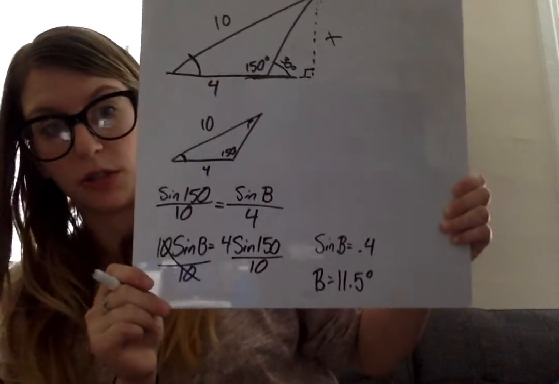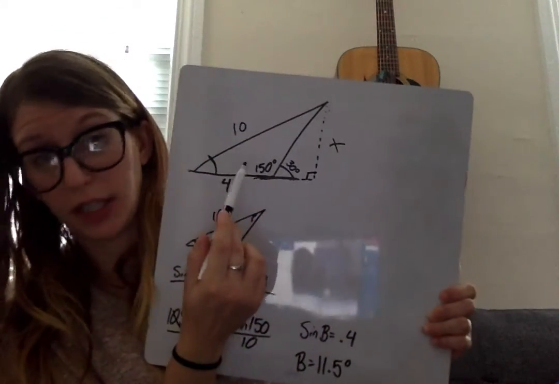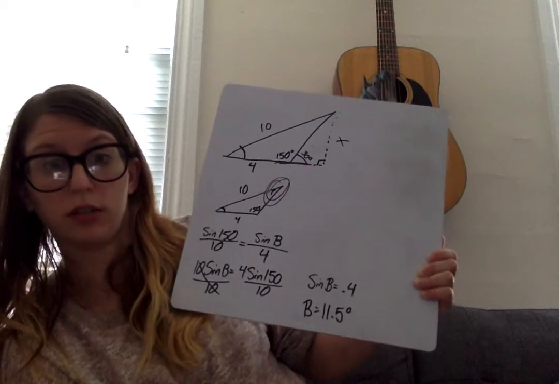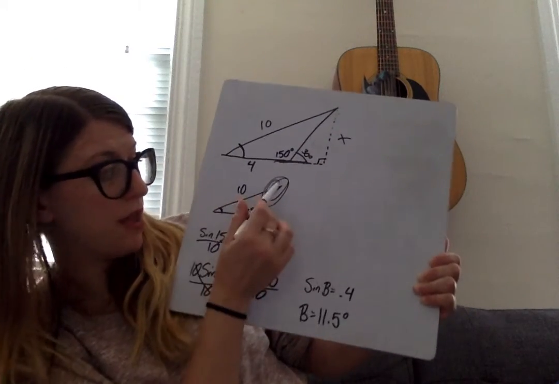And we get that the angle B is 11.5 degrees when we round. So this is definitely not to scale. So keep in mind, this is the angle that we just solved for. Not this one, this one, because he was across from 4.